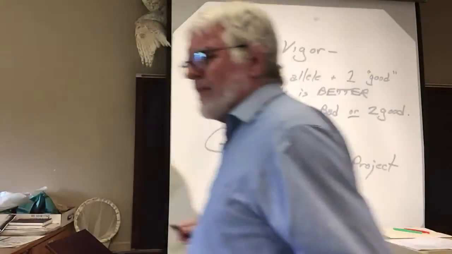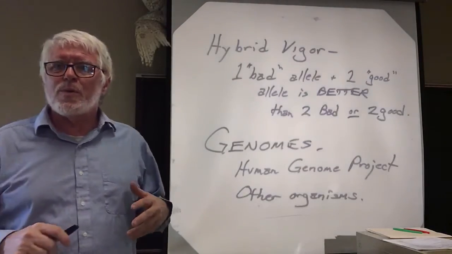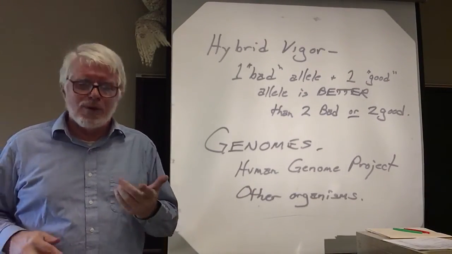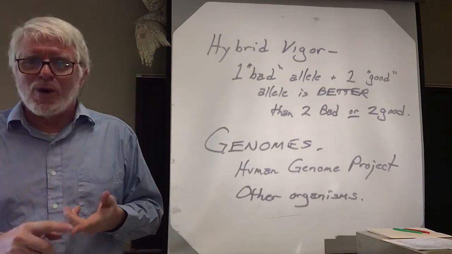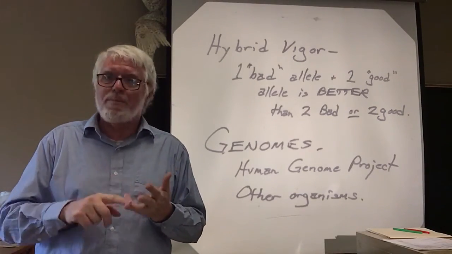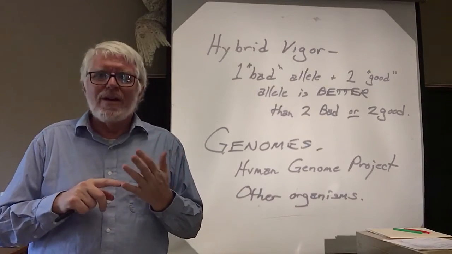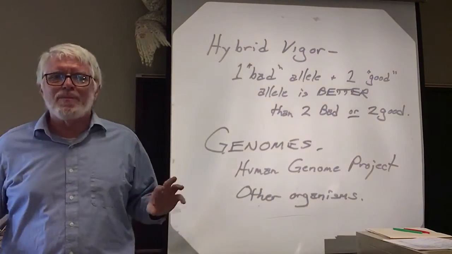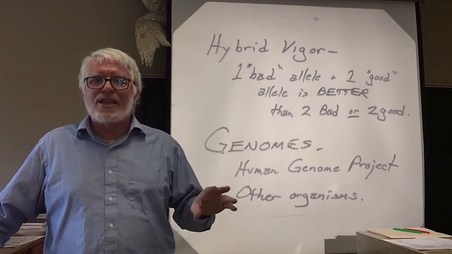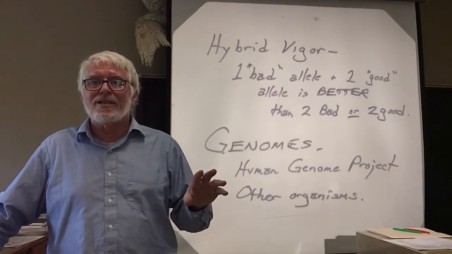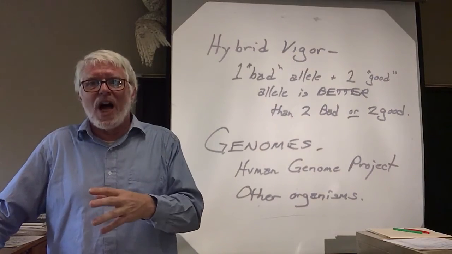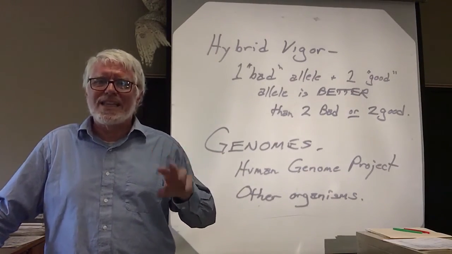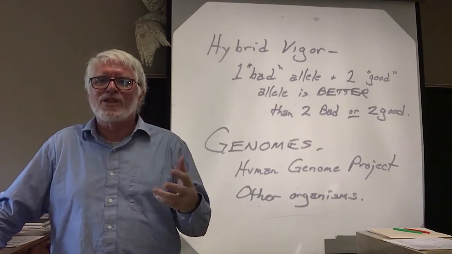I've got this other living thing that I would like to know the genetics of. I'm going to use this technology to do the E. coli genome, or dog genome, or chimpanzee genome, or monarch butterfly genome. A tremendous number of genomes have been determined since the Human Genome Project, using the technology that was developed and then refined from the Human Genome Project. So this is a tremendous step in genetics history.